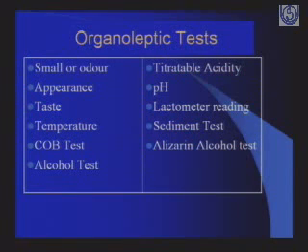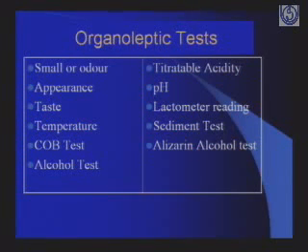If the temperature is higher, there are chances that there may be microbial growth. Then the COB test, which also comes under organoleptic tests. Clot on boiling test: you take a small volume of milk, say 5 ml, in a test tube and heat it on an open flame.